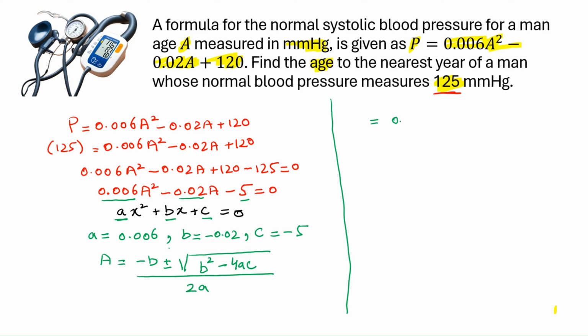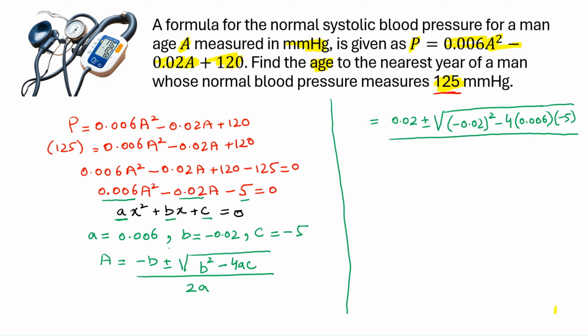So it becomes 0.02 plus minus the root of minus 0.02 square minus 4 times a, that is 0.006, times c, that is negative 5, divided by 2a, that is 2 times 0.006. Now let's do the simplification here.